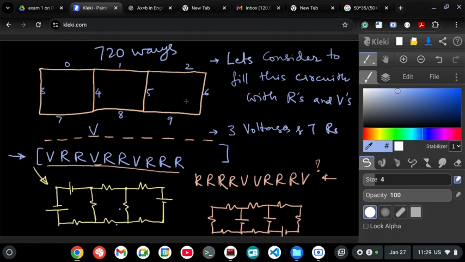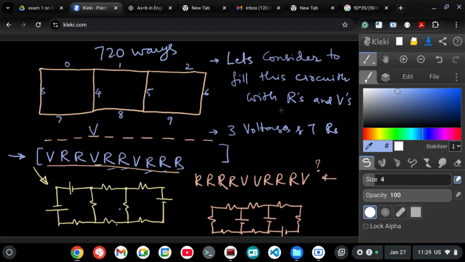Okay, so now, if we assume that each resistance is again different, then it will be even more. 10 factorial is the number, which is very high. Meanwhile, what I did, I considered that there are 10 elements, out of which 3 are voltages, 3 are currents, but all their values are two-digit numbers.